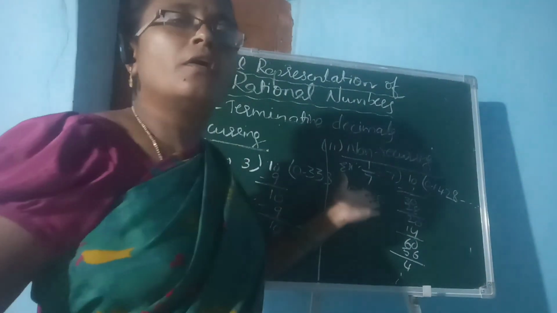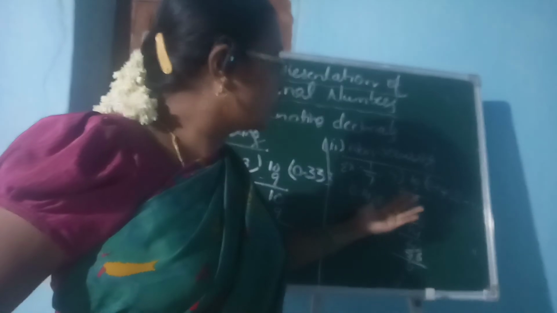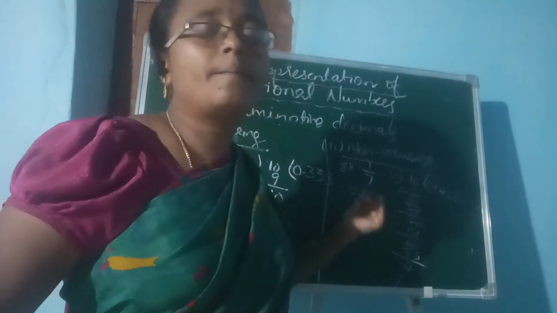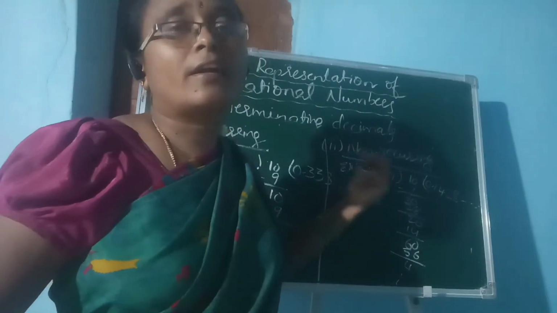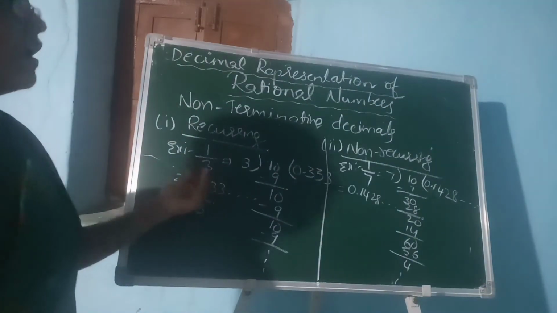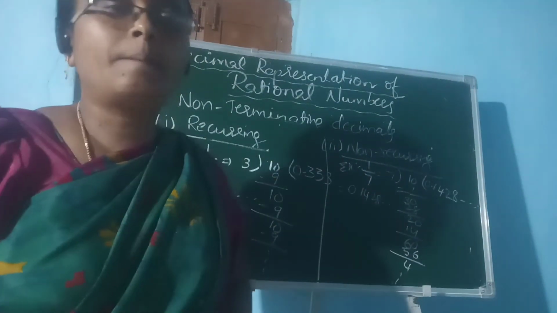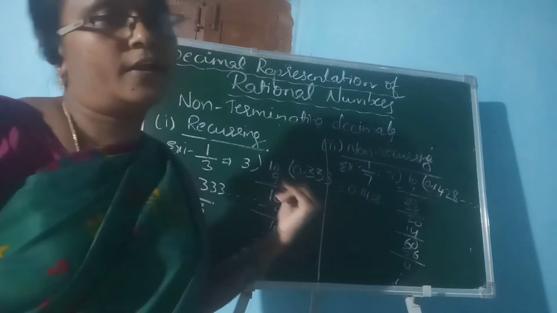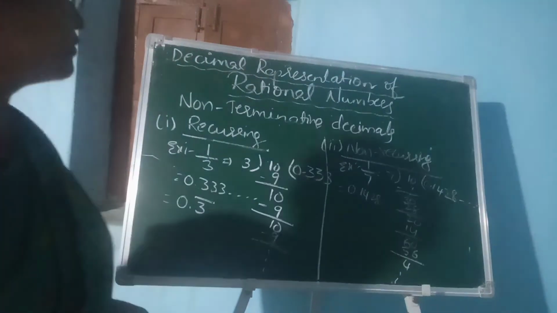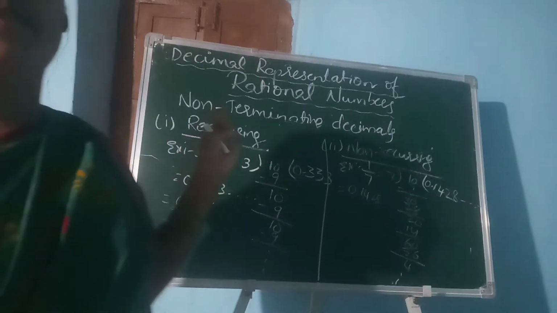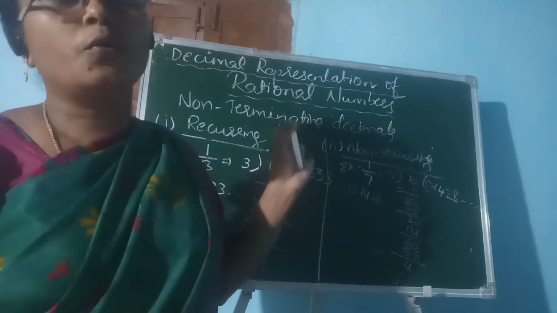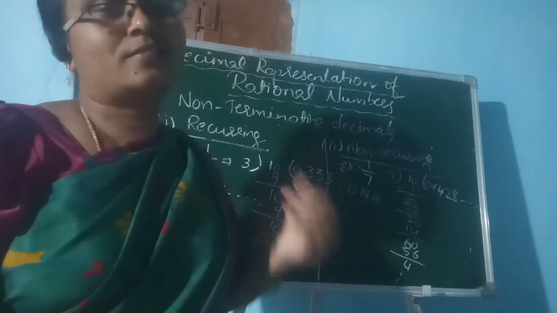Is there any position here to keep the bar? No, we cannot keep any bar here because the same digit is not repeated. We keep the bar only when the same digit is repeated. Students, just make notes of all this, and this will be helpful for you in our further classes.